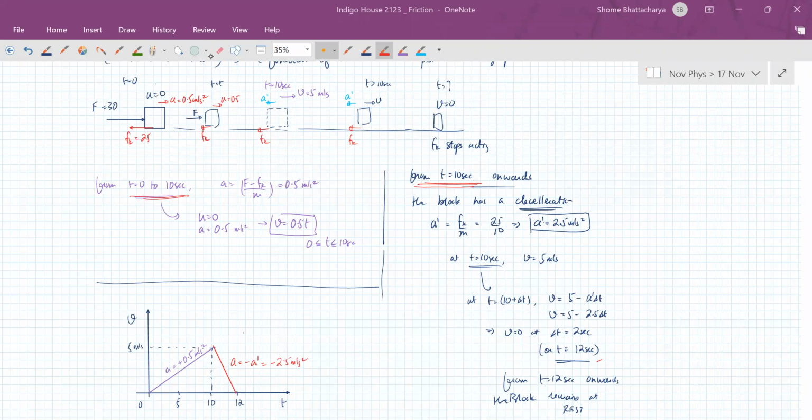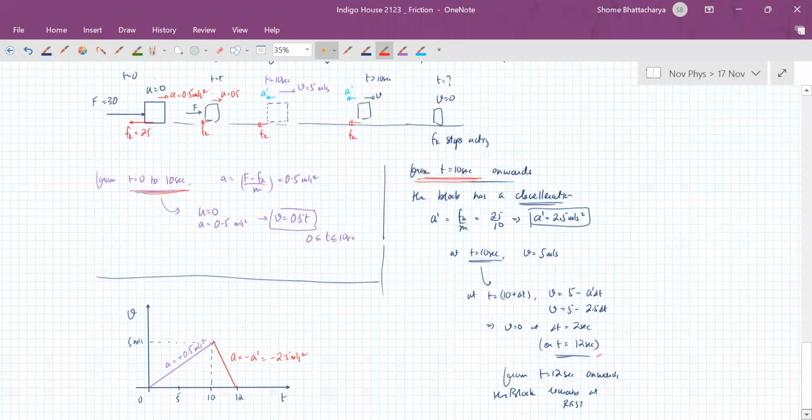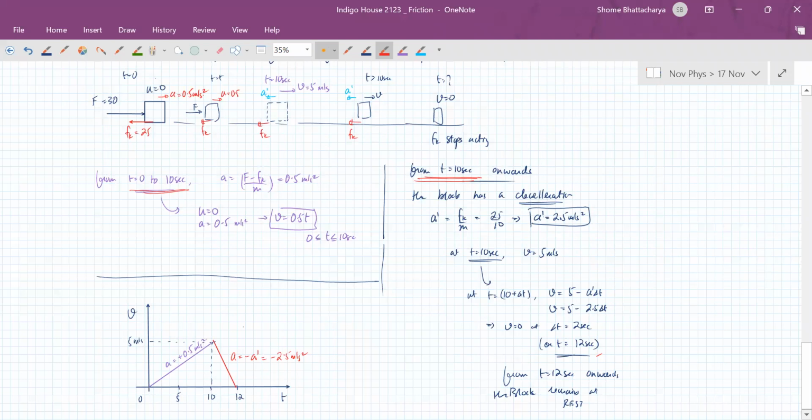The block remains at rest, which you can see in the velocity time graph also. The block now remains at rest, because of friction. Onwards, what is written after the block has a deceleration? This one, this is deceleration.